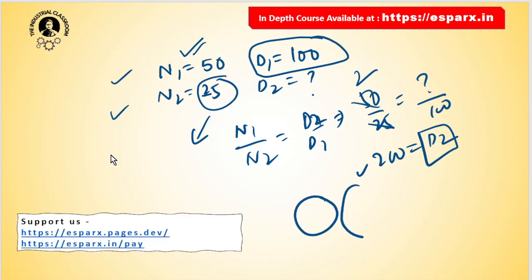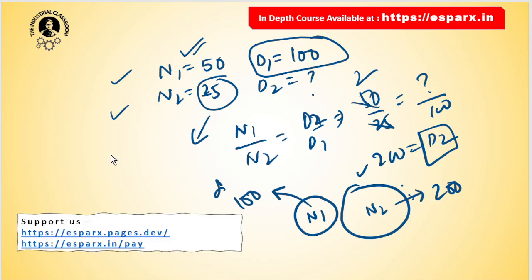So we can see its construction can be said like this: N1, N2. Here the dia is 200, and in this case the dia is 100. Okay, we are talking about dia here. Do not confuse it with the teeth.